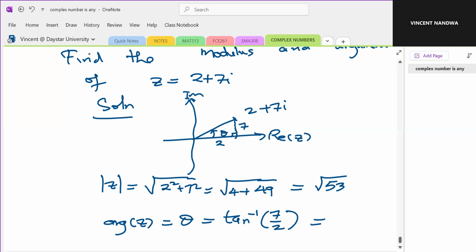And tan inverse of 7 over 2 is given by 74.05 degrees.